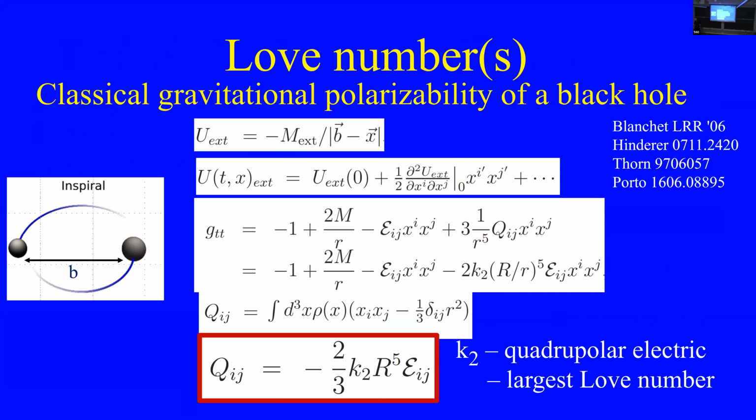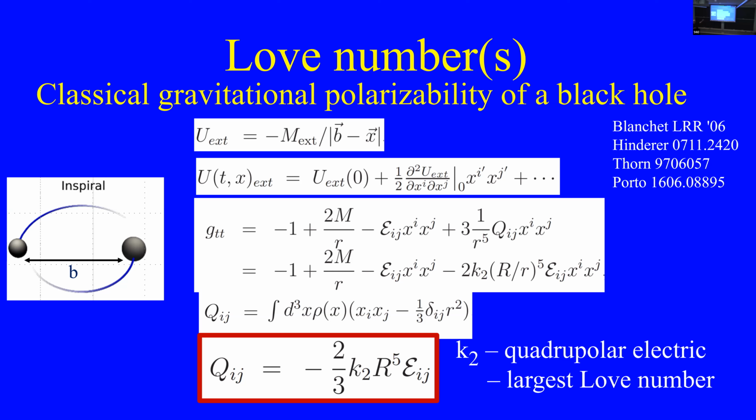Okay, so what are Love numbers? Love numbers are just the classical gravitational polarizability of compact objects. Love is a name. It's the name of an English mathematician who first studied tides on Earth.